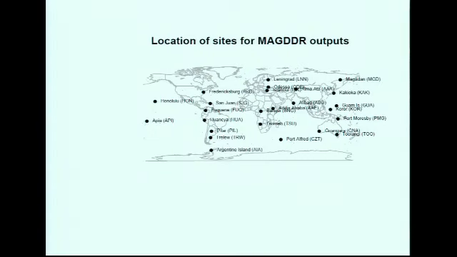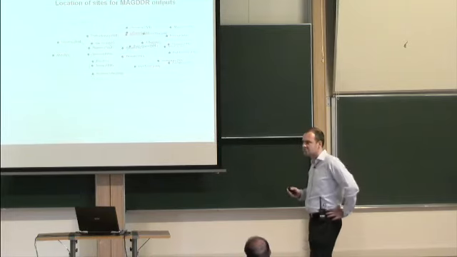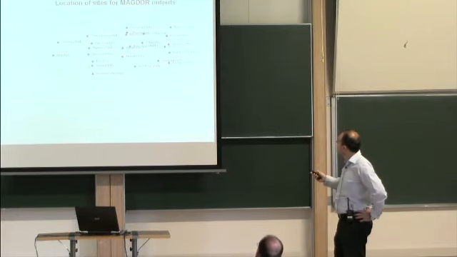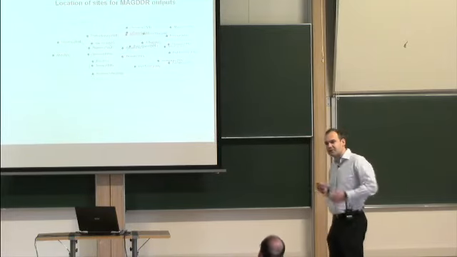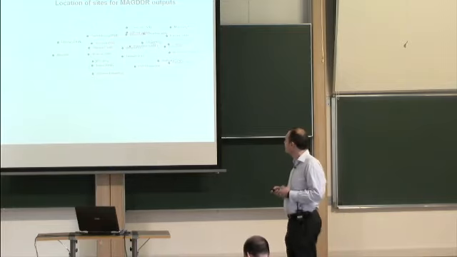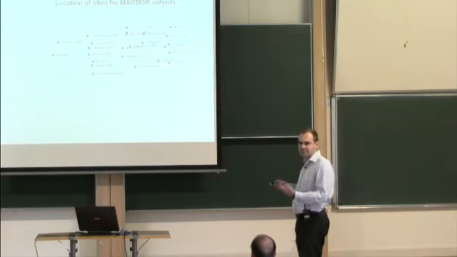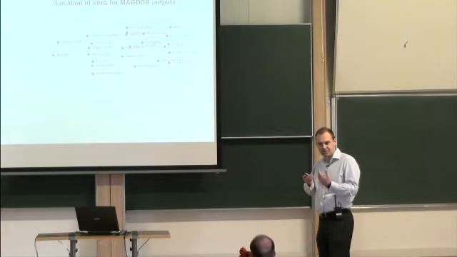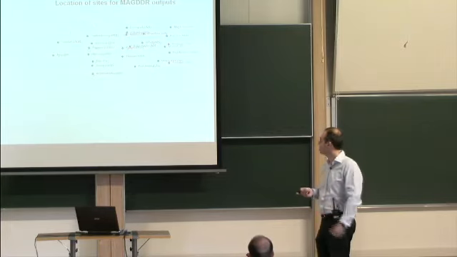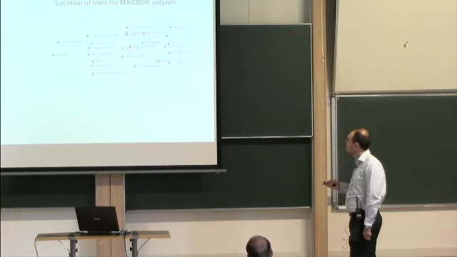Apia is about 15 south, roughly, and Odessa 45 north or so. So we expect different types of outputs, and actually it's the case. And we hope that our study will be consistent for those two locations.